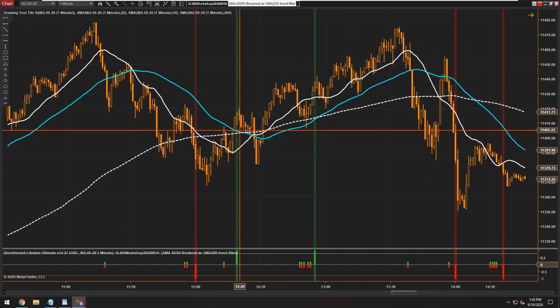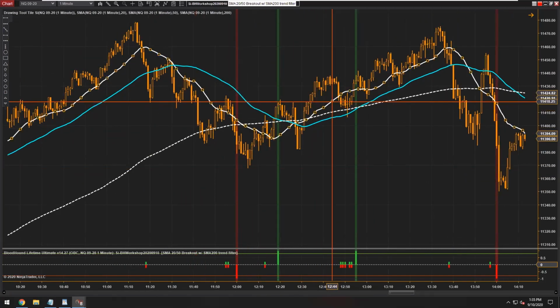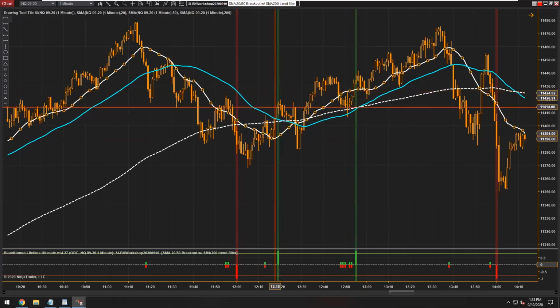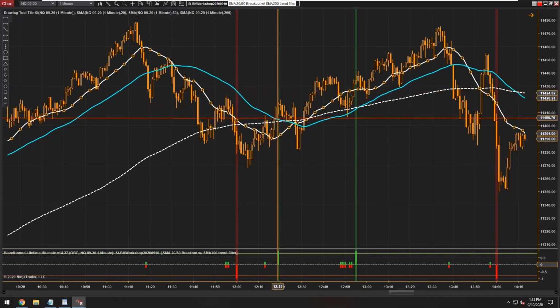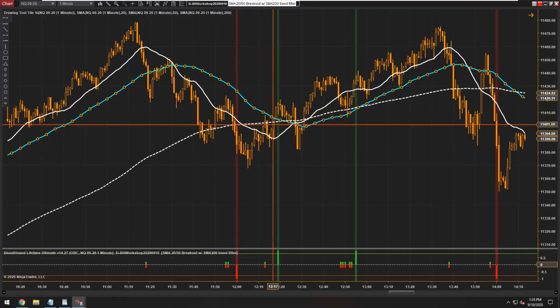Here's a good test scenario. So normally for long signals, the SMA 20 is going to be above. So we'll see a bunch of these signals from the SMA 20, but here actually in the middle is an example of the SMA 50 generating a long signal. So we know that the SMA 50 is working as well.